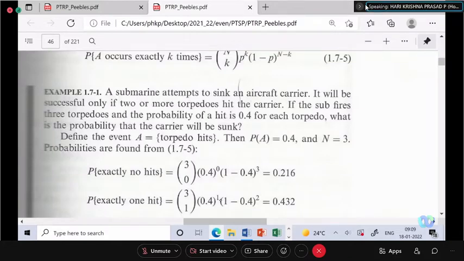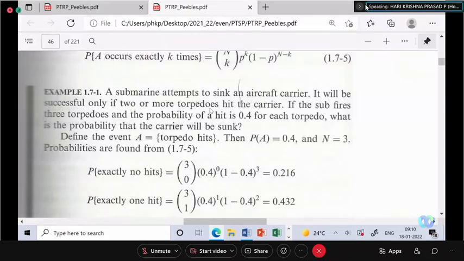But what is the condition? I am referring to the first line of the problem. It will be successful only if 2 or more torpedoes hit the carrier. So I should be worried about 2 or more torpedoes, right? It is not exactly 2.